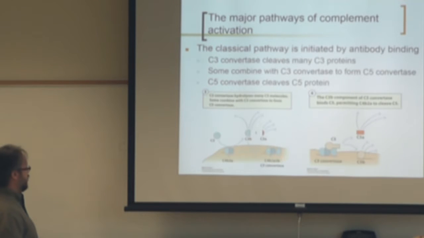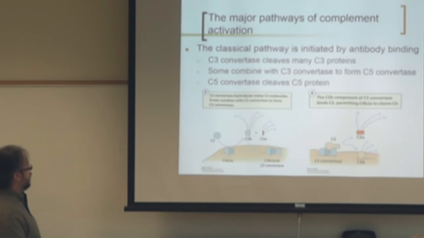It will also bind to the initial C3 convertase and create a C5 convertase. So we start out with the C3 convertase, and then C3b itself is going to contribute to more and more and cleave more C3. Basically it's a cascade event.